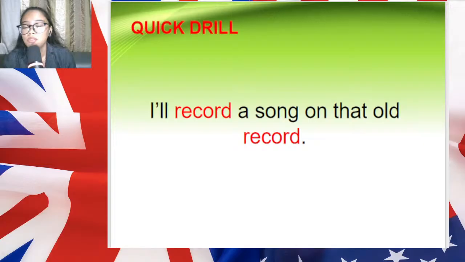Okay. For this quick drill, I'm going to read first the whole sentence with both versions of a word, whether it is utilized or used. And then we try to identify which of the two versions we are referring to. And of course, we must properly read the whole sentence with the proper pronunciation of the word that is highlighted in the sentence, the word that we are going to focus on.